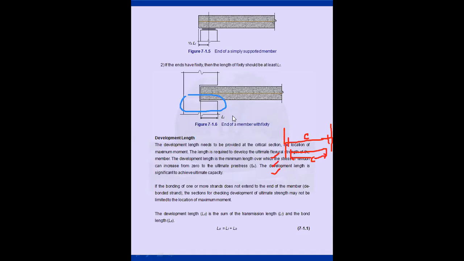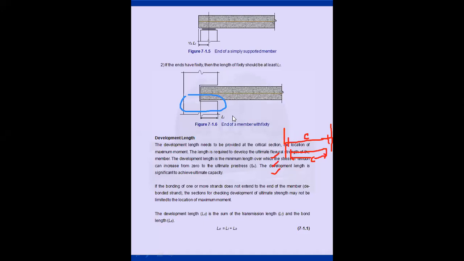Next we are going to learn about the development length. You all must know that in columns there will be development length, and in beams there will be development length. What do we mean by development length? We can calculate the development length only by the summation of transmission length plus bond length.